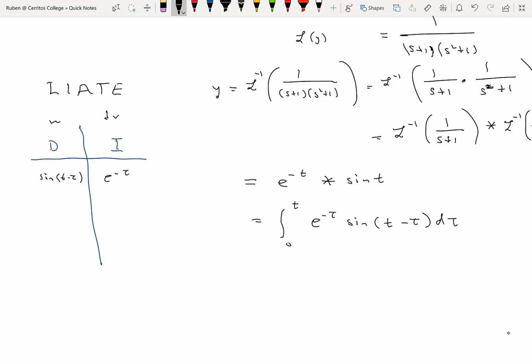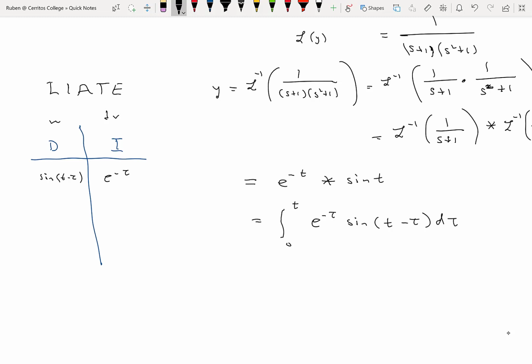You ask yourself first, are there any log functions? Nope. Are there any inverse trig functions? Nope. Are there any algebraic functions, which means powers? Nope. Are there any trig functions? Yes. We have sine of t minus tau. Then we would finally search for exponential functions, but there were trig functions. So dv would be what's left, which would be e to the minus tau.